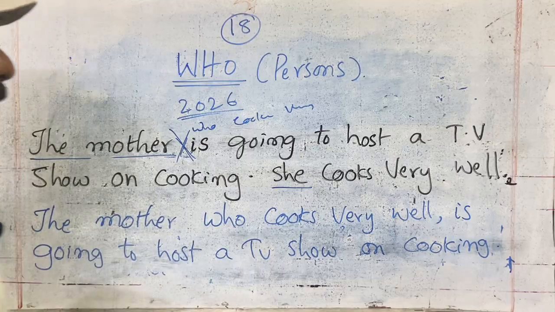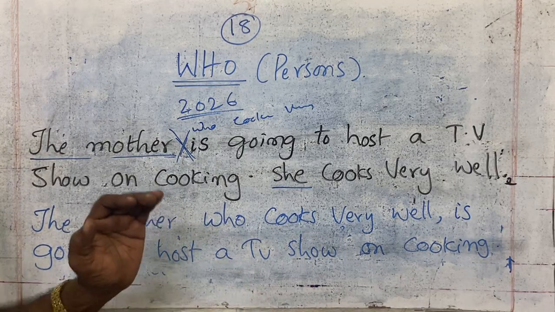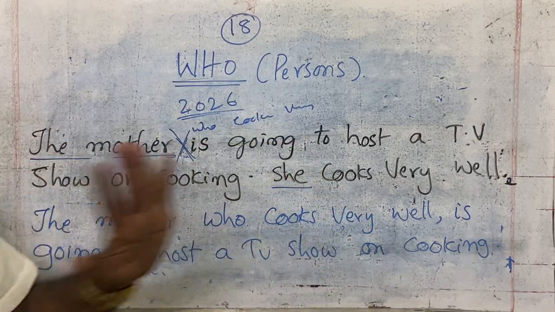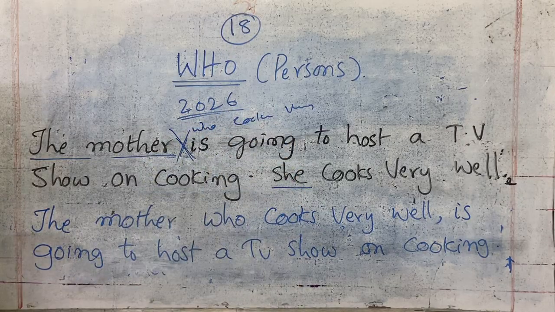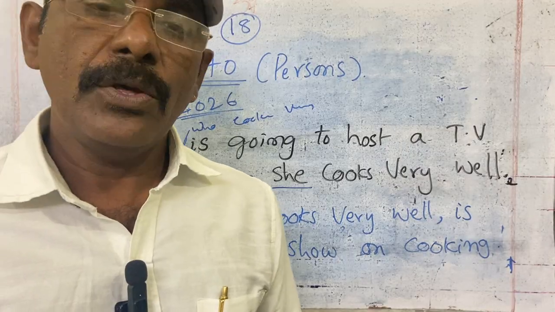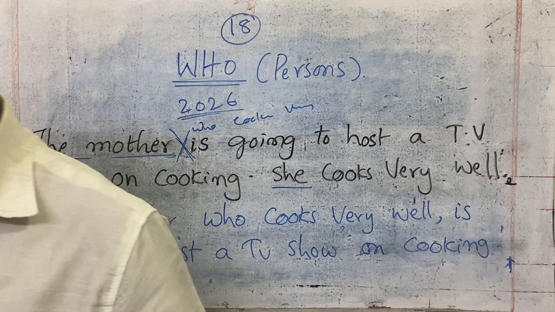Like this we are taking. So this is also a defining relative clause. These are about the 2026 model papers that they have given, and these are important, and they are in the textbook also. Textbook models are always more and more important. We have to concentrate on them more and more.